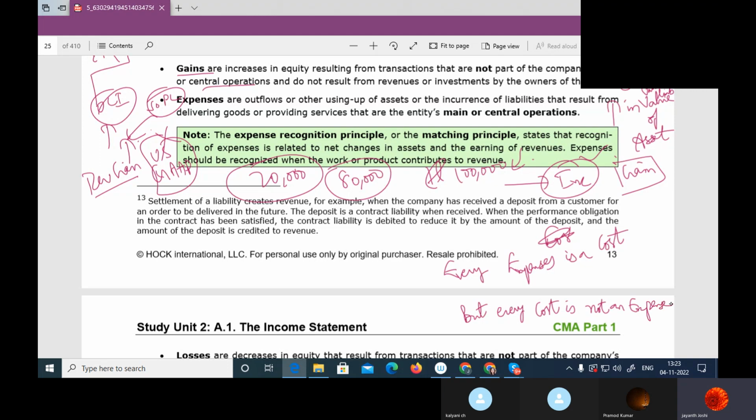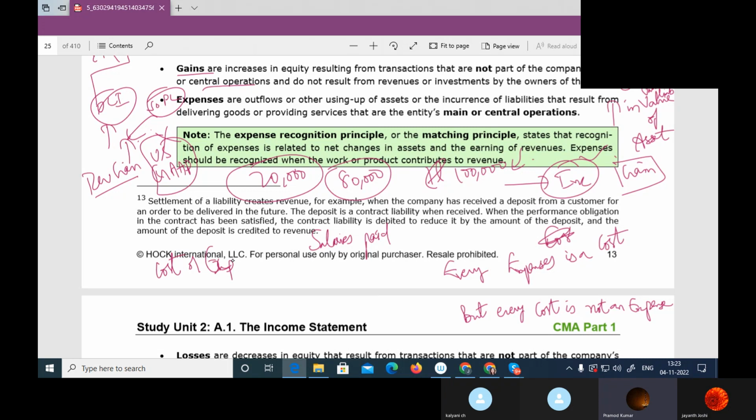What do you mean by this? Can anyone give me a clue? See, salary paid, is it a cost or an expense? Come on, tell me. Salary is an expense in the company. Is it a cost or an expense?